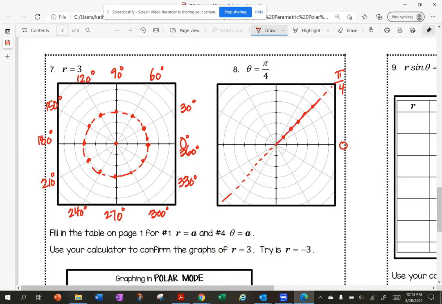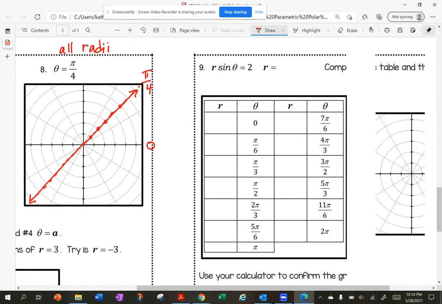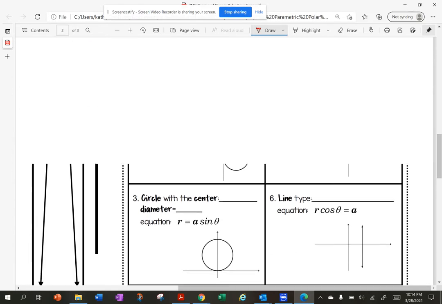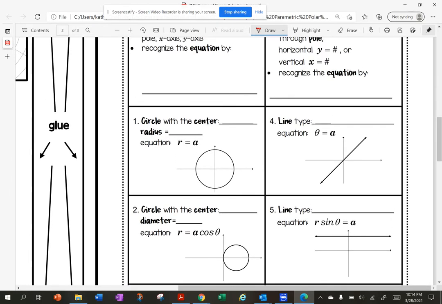So I actually fill in this line. So when I see a radius is a number, this includes all angles. When I have an angle is a specific angle, I have all radii. So I can go fill in number 1 and number 4 on the front. So number 1 says a circle with a center at the pole.